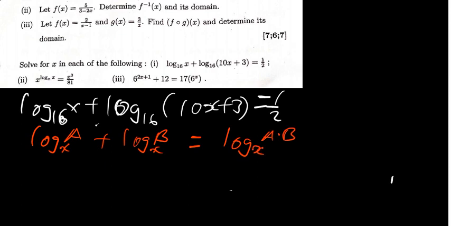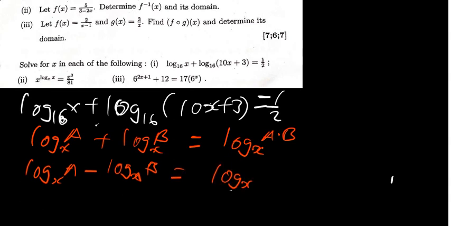If I have log base x of a minus log base x of b, this is the same as log base x of a divided by b. The one carrying negative is the one which is going to be on the denominator. So these are the laws of logarithm which you have to know.